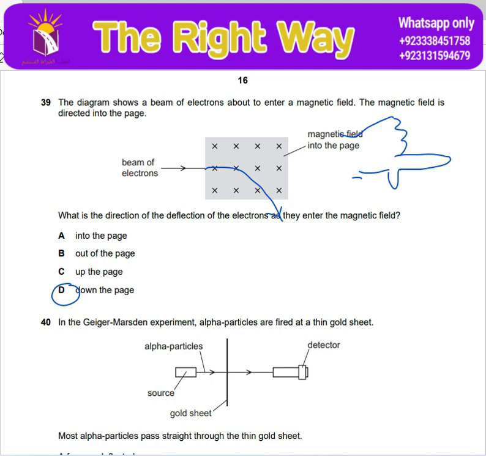Your index finger will show the direction of the electron movement, the direction of the current. Your middle finger will show the direction of the magnetic field and your thumb will point in the direction of the force.